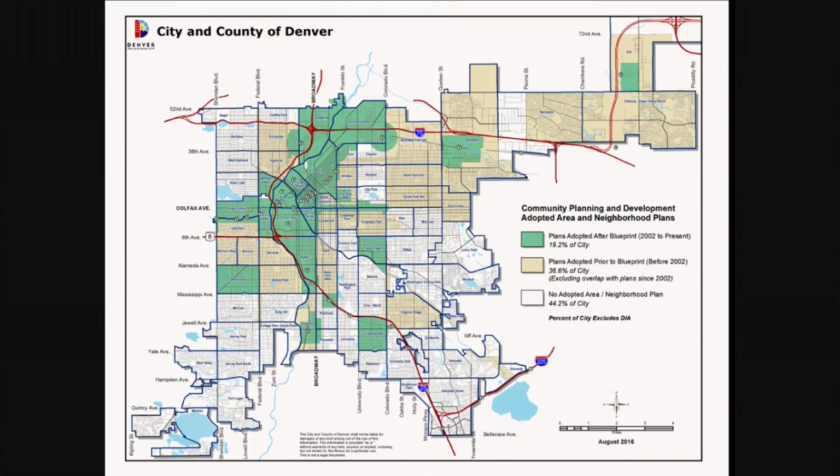It could be a neighborhood plan, corridor plan. You see those circular ones, those are station area plans, adopted since Blueprint Denver was adopted in 2002. The tan areas have a neighborhood plan, but it was before 2002, and that's another 36% of the city. But the white areas in the city don't have any plan at all.